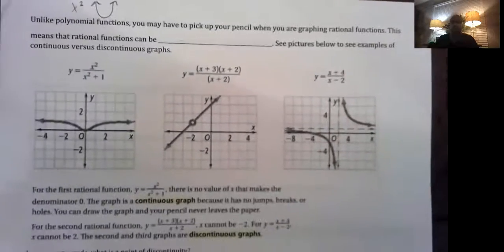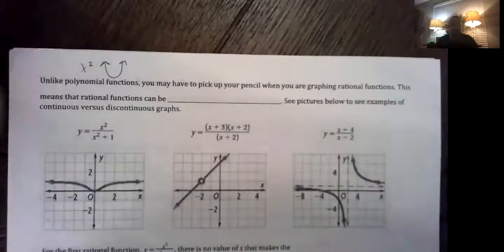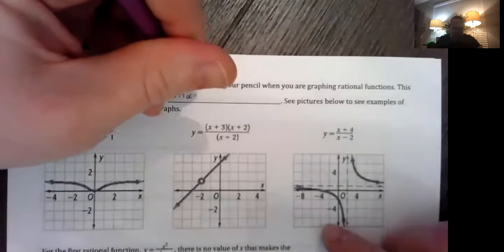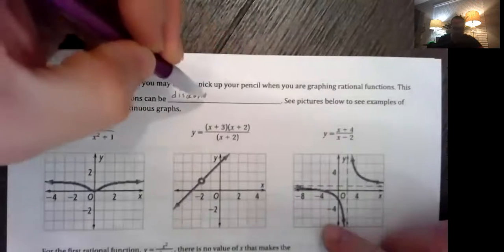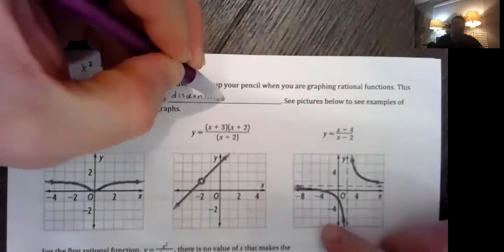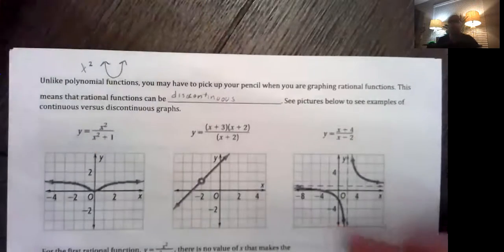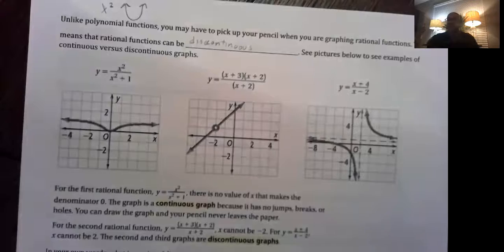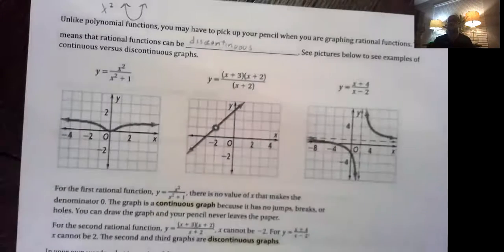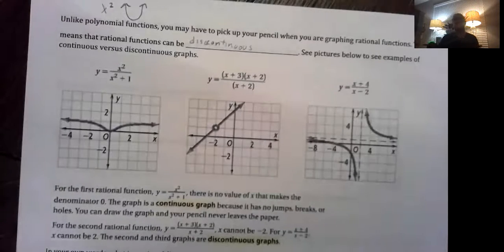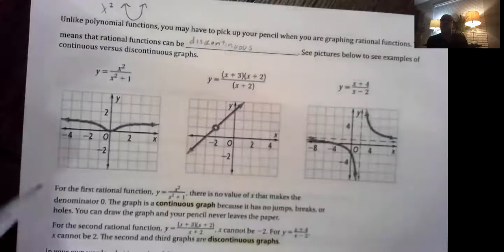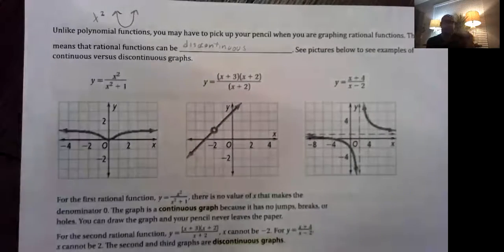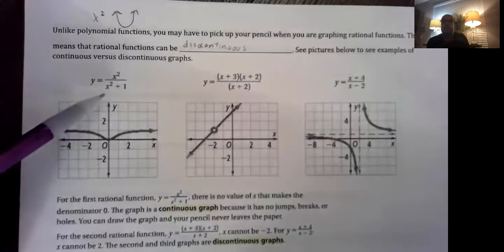All that means is that rational functions can be discontinuous. When I graph it, I might have to pick up my pencil. I don't have to do that every single time, but it could be something I need to pay attention for. The main idea today is how we're going to pay attention for that, or what we're going to do to find that out.